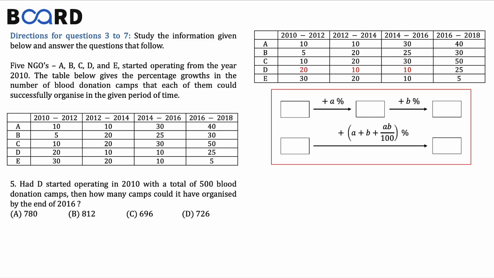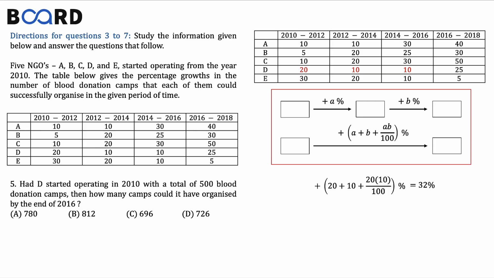We know this from successive percentage change. If we apply it here, in case of D, initially there was an increase of 20%, then 10%, then further 10%. Now we cannot apply this formula on three values. We have to take two at a time. So we take the initial 20 and 10 and we figure out that the successive of 20 and 10 is 32%. That will be the increment of D from 2010 to 2014.